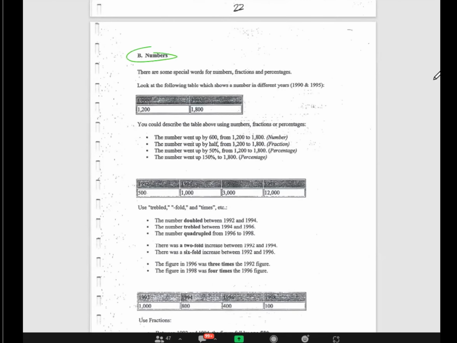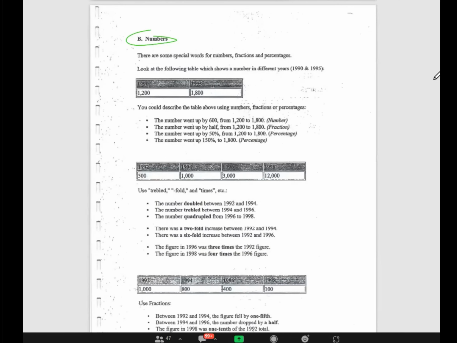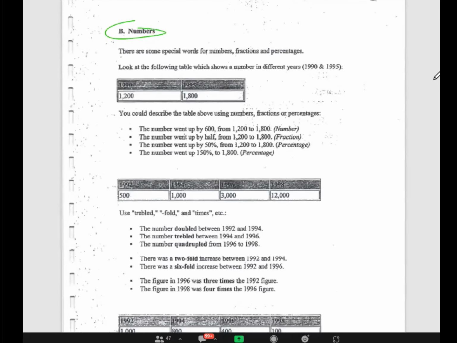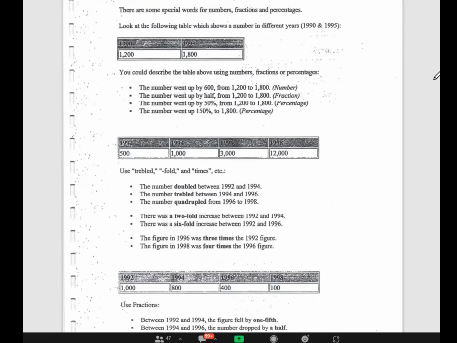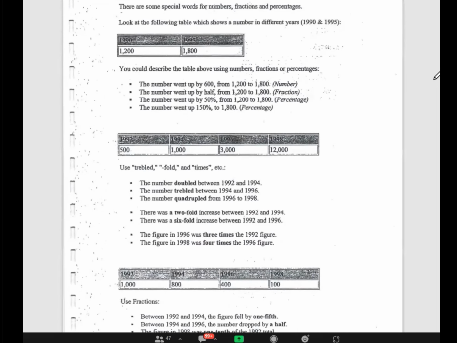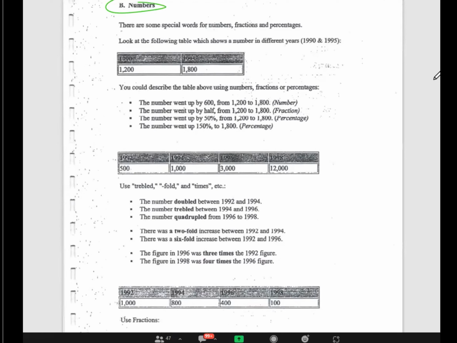We will see how to use the numbers to describe the report, to talk about the report. Not all these numbers are important, so I will show you which ones you can use. This one you do not need.